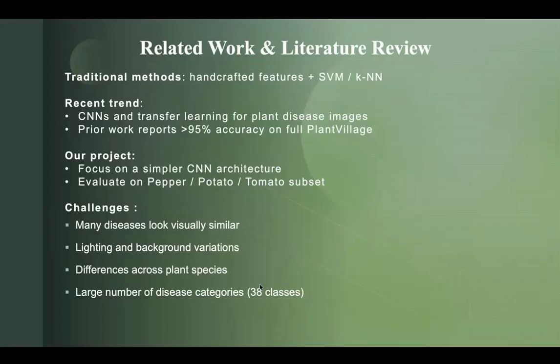The modern approaches in almost all recent papers use CNNs or transfer learning models such as VGG, ResNet, and MobileNet on the full PlantVillage dataset. Several studies report more than 95% accuracy, but one thing we found interesting was that most academic papers used very large networks, so we decided to check whether a small, lightweight CNN trained from scratch could still perform well. That became an important part of our study.